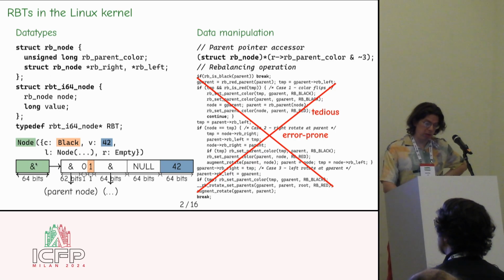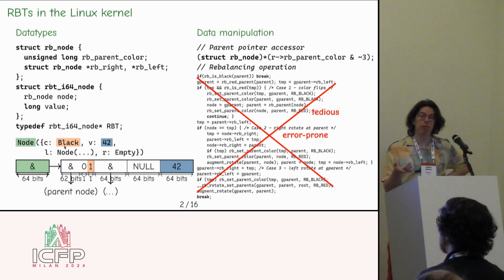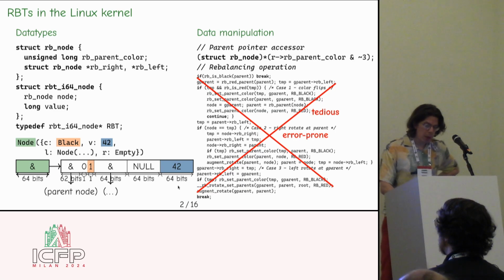You have a node, which is a pointer, and then a parent pointer, so a pointer to the parent of the node, where they use one of the bits to encode the color, because this pointer is aligned, so the first bit is always 0, so they can hide something here. Then you have a first child, the second child, and the value.